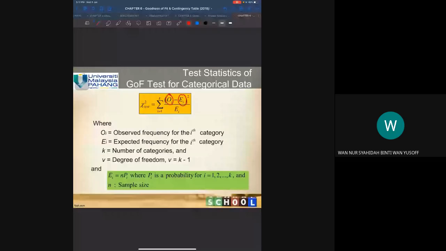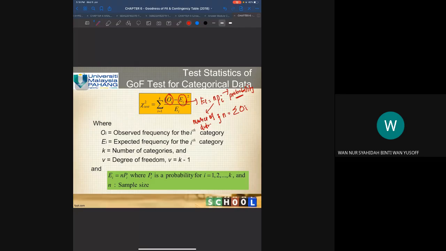The formula of the E is n p_i, where n is the number of data, the whole data that you have. By formula, n is the summation of O_i. If not given, then you can calculate it from the observed frequency. And p_i is a probability.